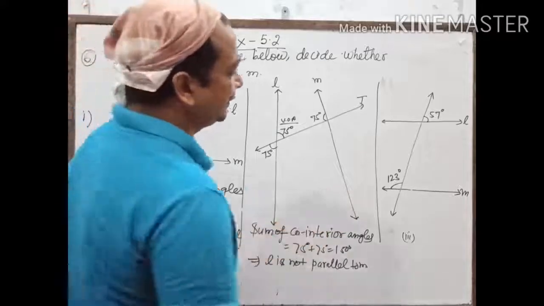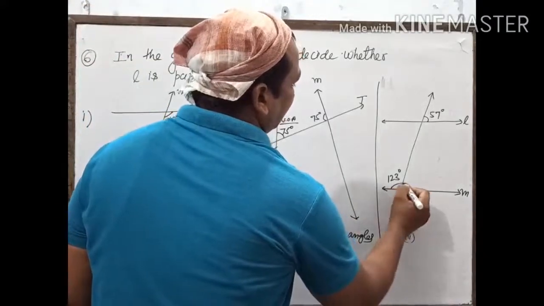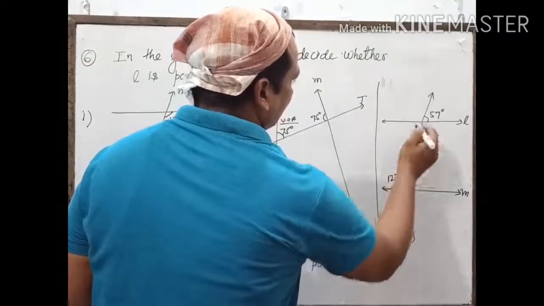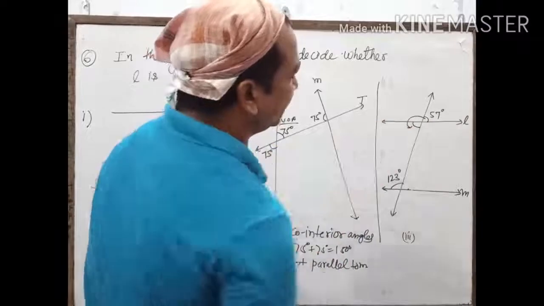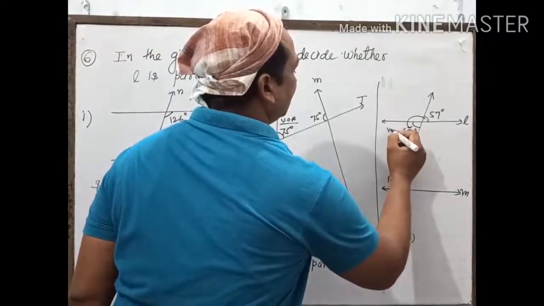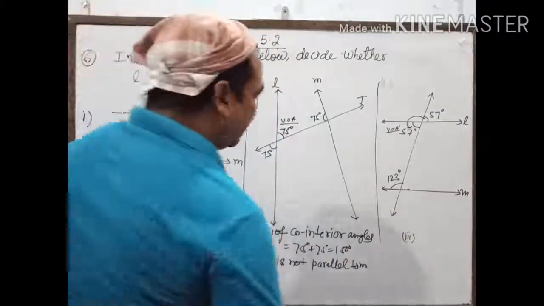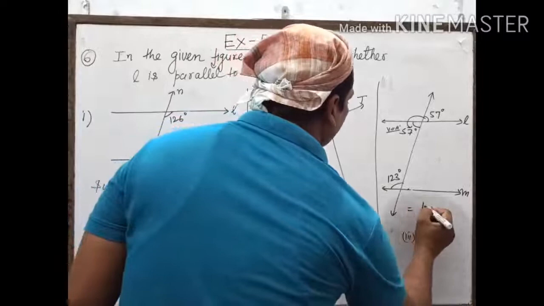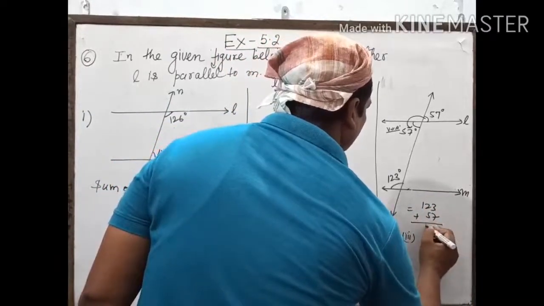Again, in this figure, if we shift here, then these are co-interior. This is 57 degrees, vertically opposite angle. Now the sum of co-interior angles, 123 plus 57, is 180 degrees.